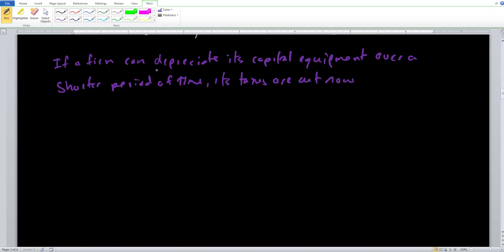So here, if they want to depreciate their capital equipment over a shorter amount of time, then its taxes are cut now. So essentially, once again, hitting onto the accounting convention, the faster the depreciation schedule, the less the tax burden is going to be.